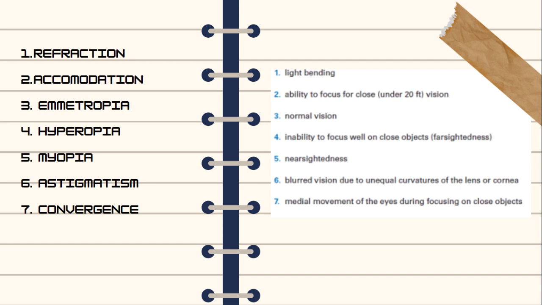Farsightedness. Hyperopia. Number 5. Nearsightedness. Myopia. Number 6. Blurred vision due to unequal curvatures of the lens or cornea. Astigmatism. Number 7. Medial movement of the eye during focusing on a close object. Convergence.